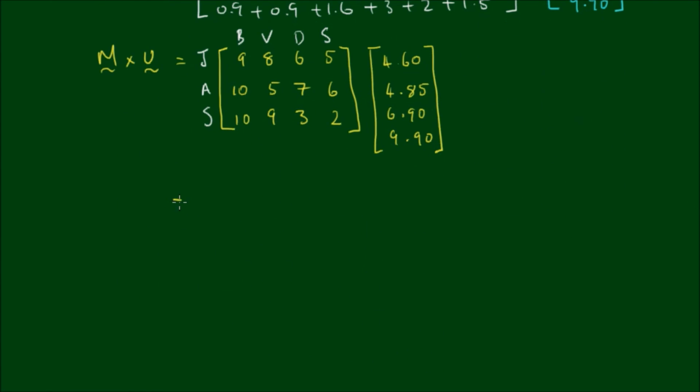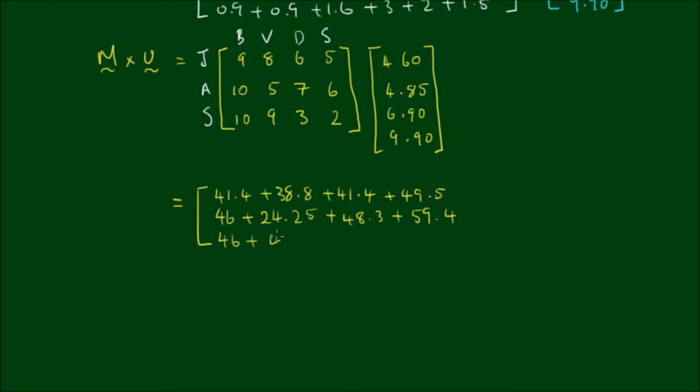So the product of this multiplication is, and adding up the numbers we get 171.1, 177.95, and 130.15.